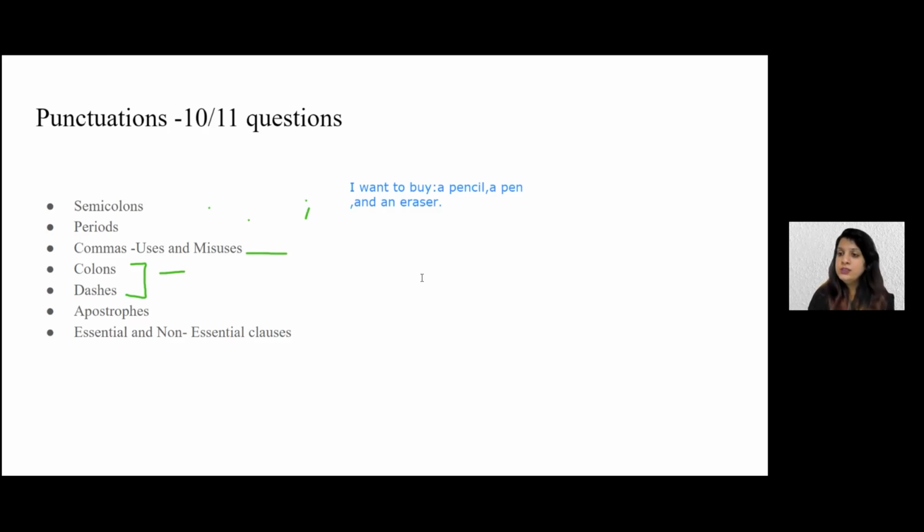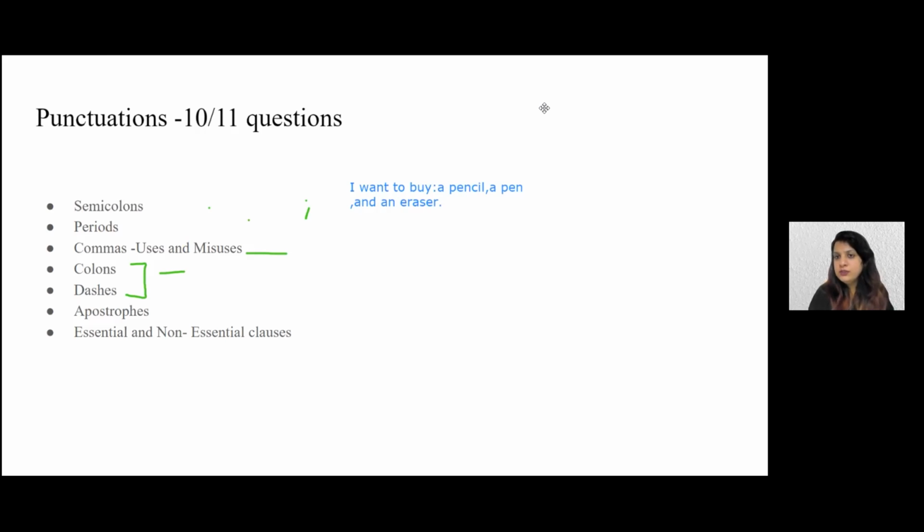So colons and dashes come with certain terms and conditions: they can only be used after independent clauses. So the correct way to write this sentence would be, I want to buy the following items, or I want to buy 3 things, finish that sentence and then start the list. So this sentence is incorrect.